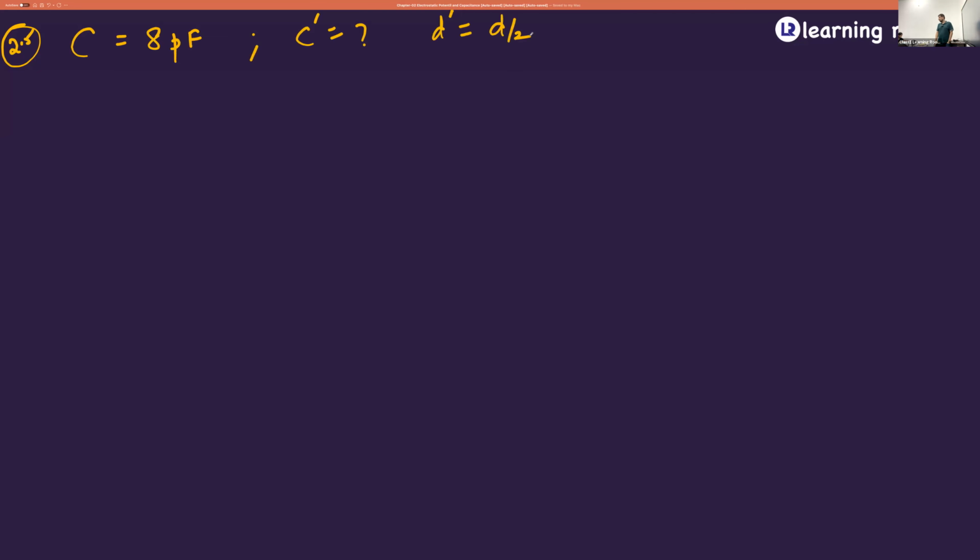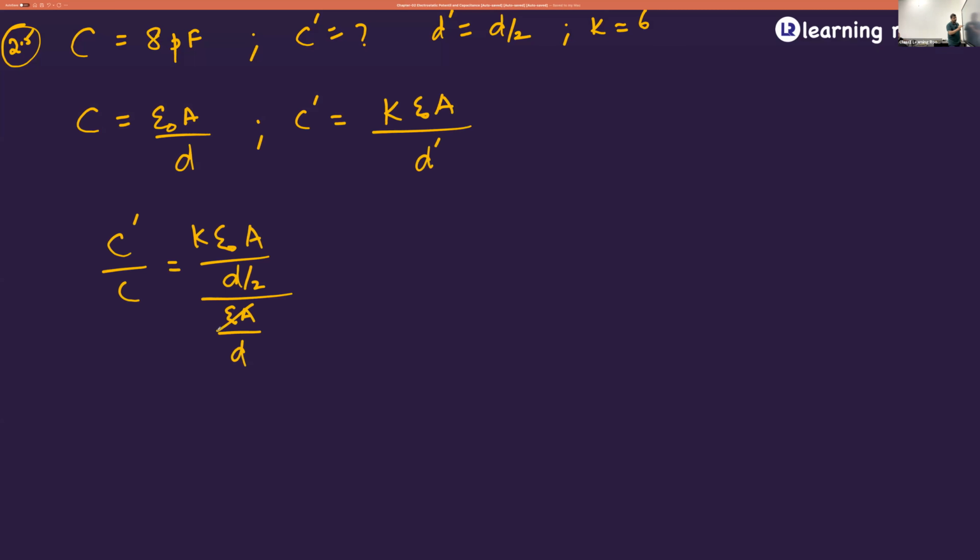So what will be the answer? If you observe, C is equal to epsilon naught A divided by D. What is C dash? K into epsilon naught A divided by D dash, because the area of cross section is not changed. So divide this with this. C dash divided by C is K times epsilon naught A divided by D dash, where D dash is D by 2, the whole divided by epsilon naught A divided by D. So epsilon naught A will get cancelled.